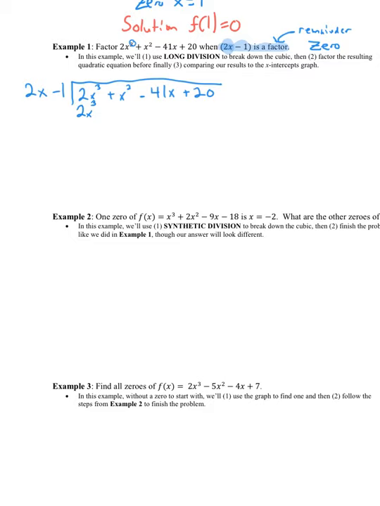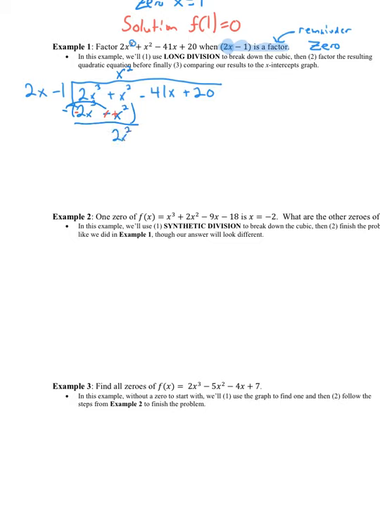So I multiply 2x by x squared. That gives me 2x cubed, and x squared times negative 1 gets me negative x squared. Then the most important part, don't forget to distribute that negative through to all of the terms. So this becomes a negative 2x cubed plus x squared.